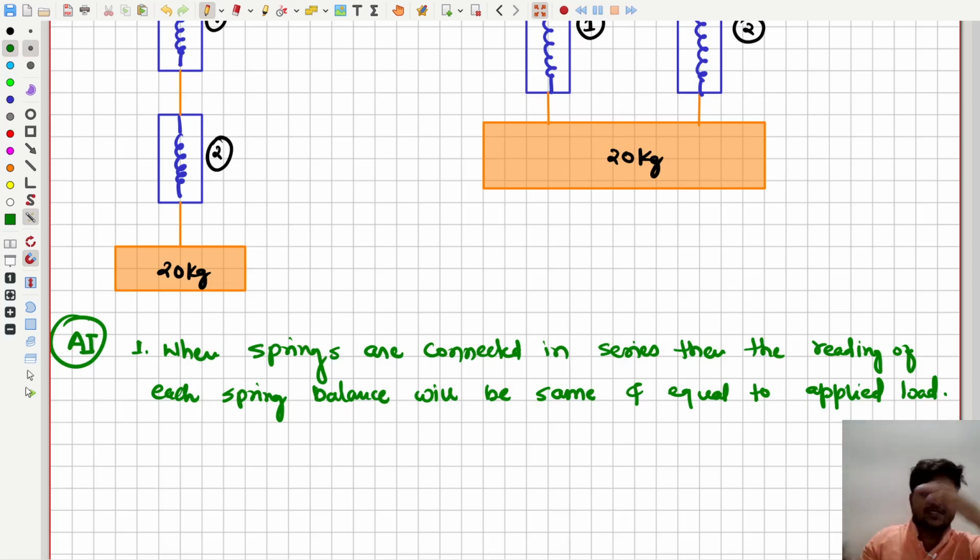When you connect them in series this way, in first case, case 1, is that clear or not? This will be the scenario.